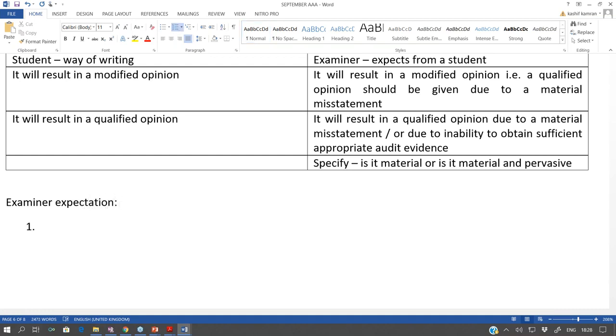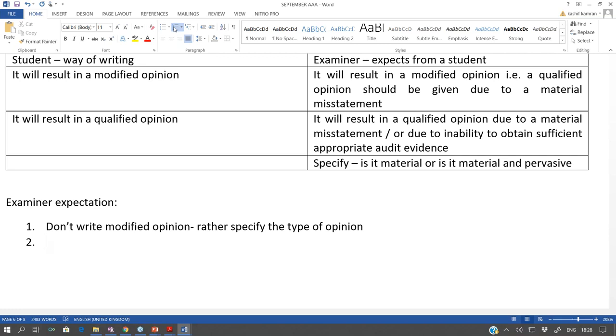Number one, don't write modified opinion. Rather, specify the type of opinion. Is that true? Okay.